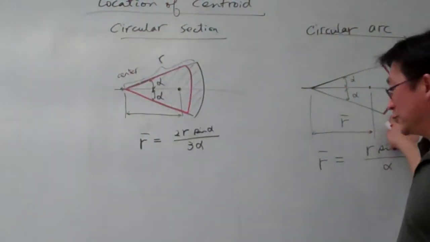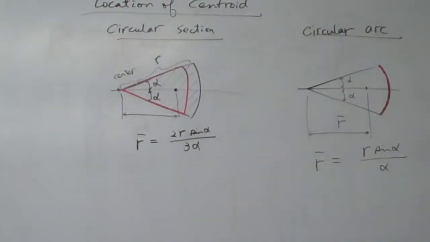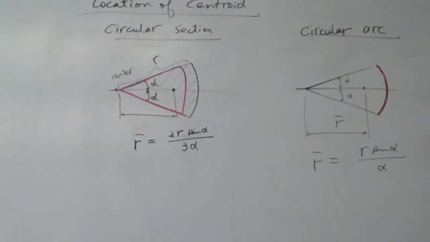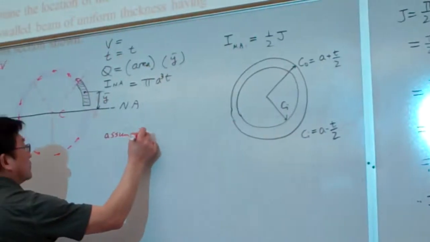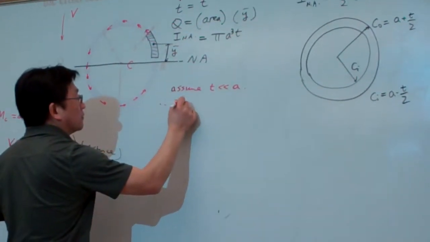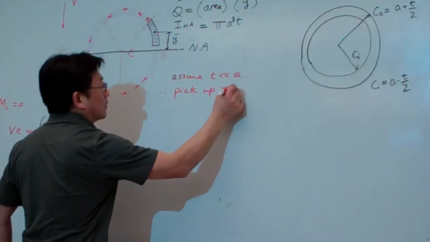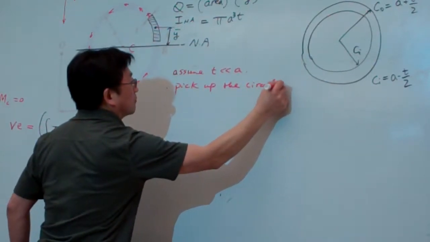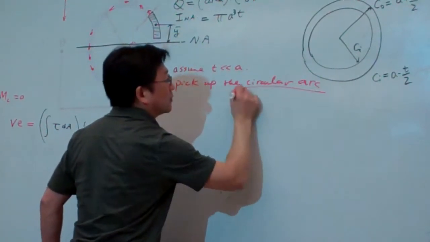For a simple way, I will pick up this one. So here we assume T is very small. Here we assume T is less than A, so we pick up the circular arc formula.